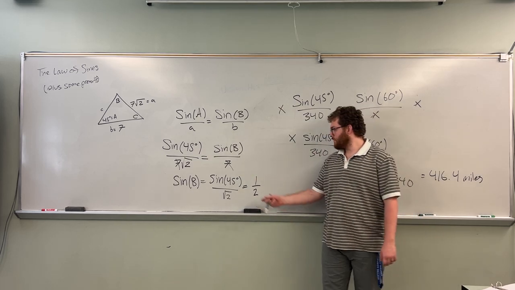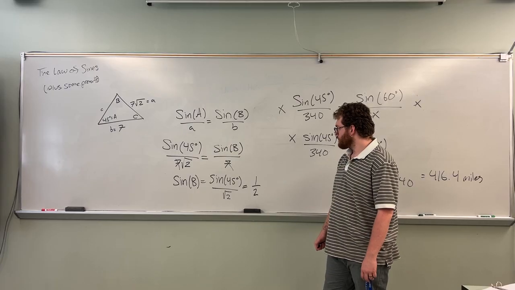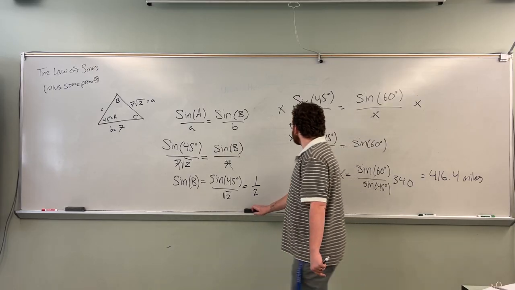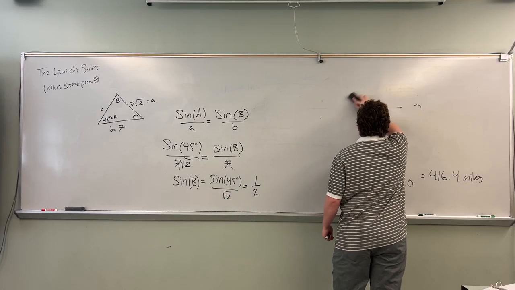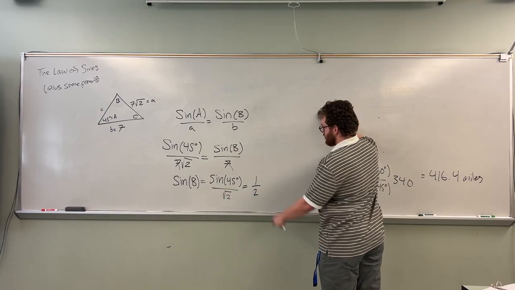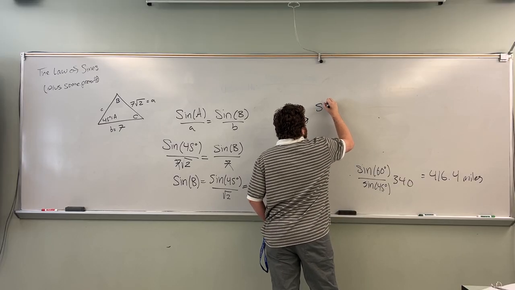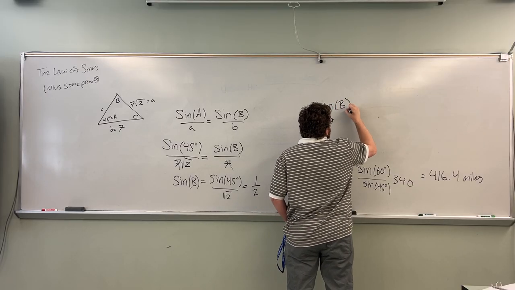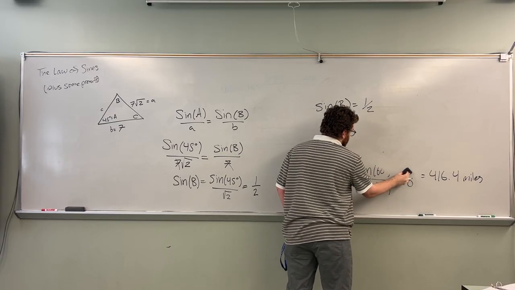When we learn the unit circle, these will become a lot easier to do. So I'm looking for what angle has sine of 1/2. Well, there's a lot of angles that have sine of 1/2.